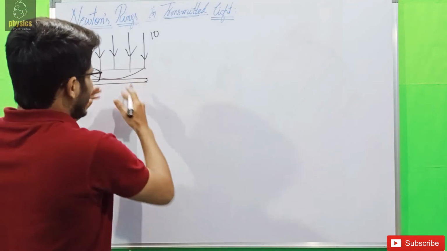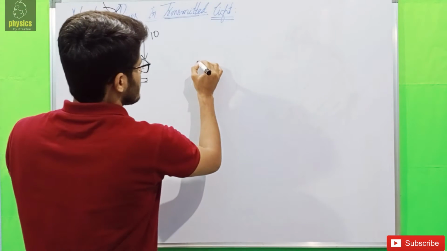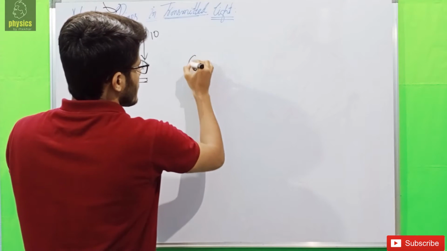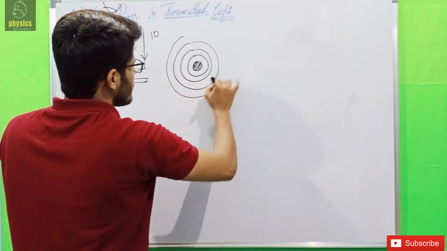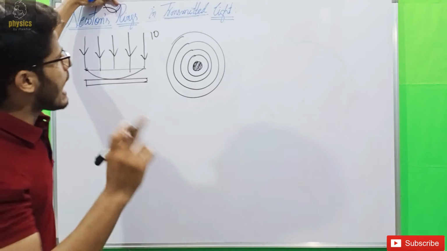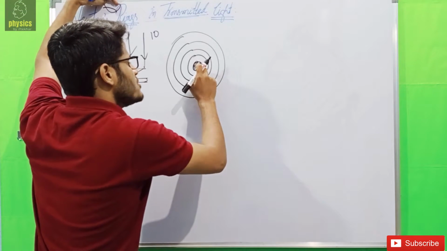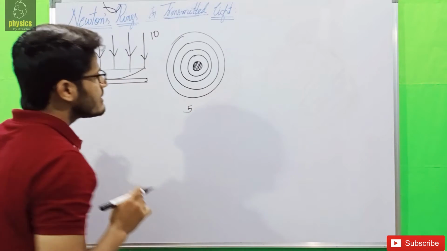The pattern which I got here with the microscope is something like this. I need your focus here. When I add up all the intensities of the bright fringes in the pattern, I get 5 intensity.